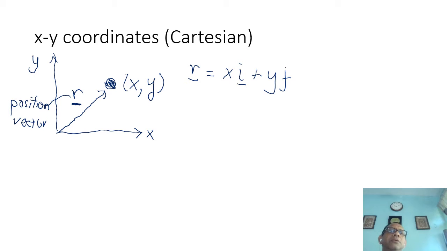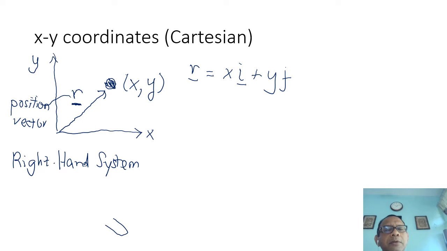If we were to add another axis, the z axis, then we have to use our right hand system. So now using the right hand system, this is my thumb, this is my first finger, and then the middle finger.